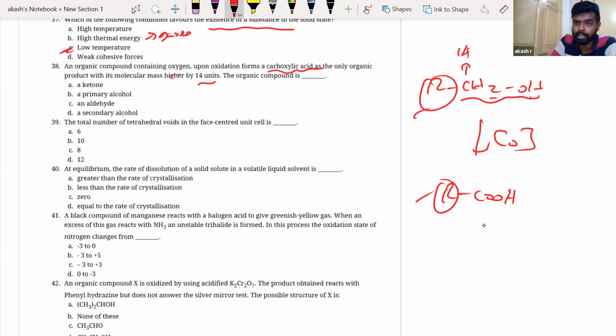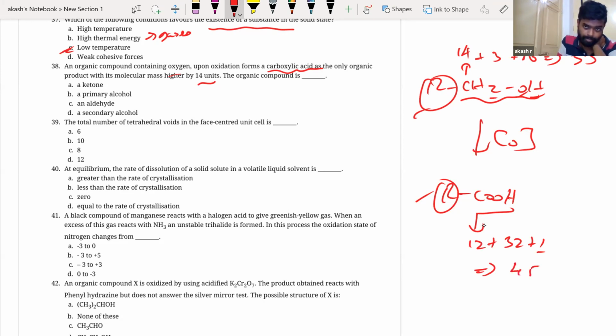Carbon is 12, 3 hydrogens plus 3, 1 oxygen is how much? 16, right? So 12 plus 3 is 15, plus 16 is 31. Now let us check for this. 1 carbon is 12, 2 oxygen atoms 32, plus 1 hydrogen: 12 plus 32 is 44, 44 plus 1 is 45. Here it is 31.